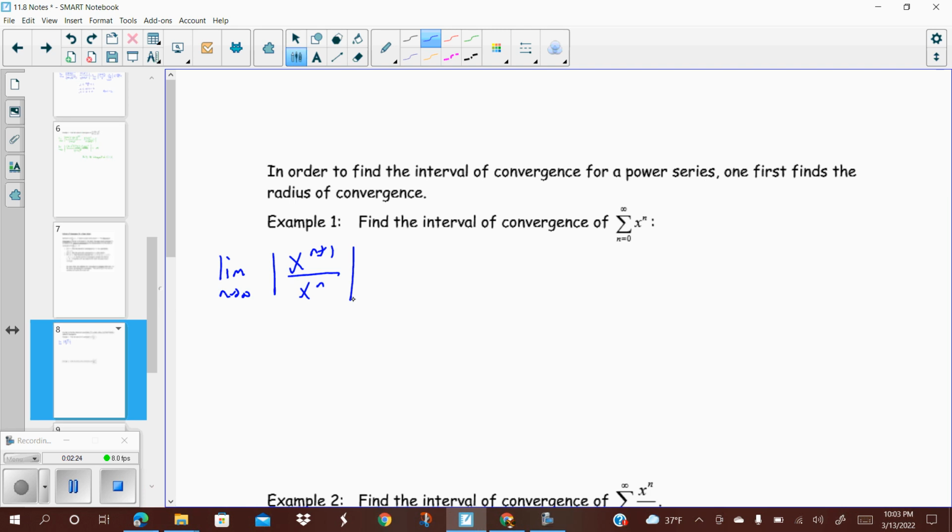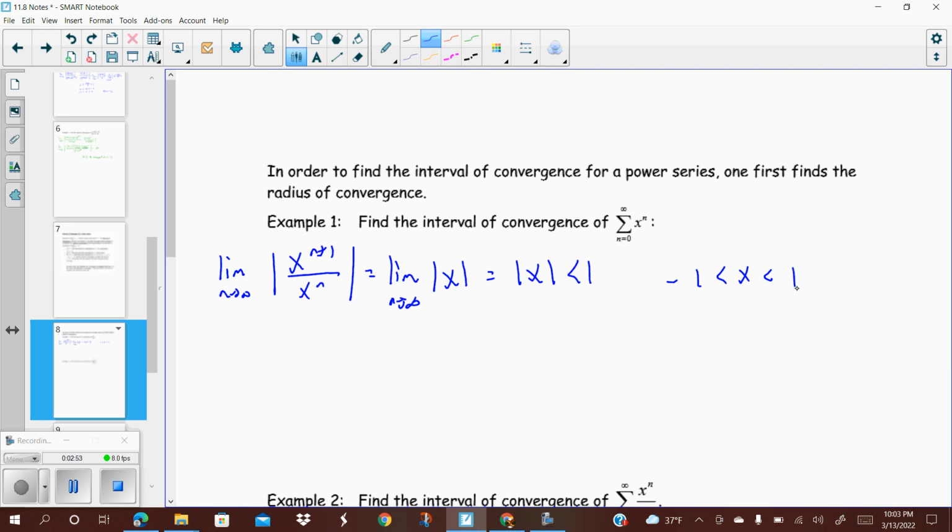Of course, that's just going to reduce to the absolute value of x. The limit of the absolute value of x as n goes to infinity, again, there's no n, it's just going to give you the absolute value of x. And we want that to be less than 1. So that means that we want x to be between -1 and +1. So the radius of convergence here is 1.